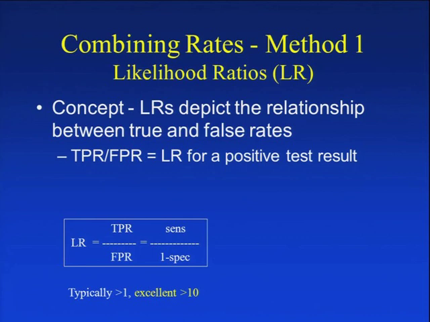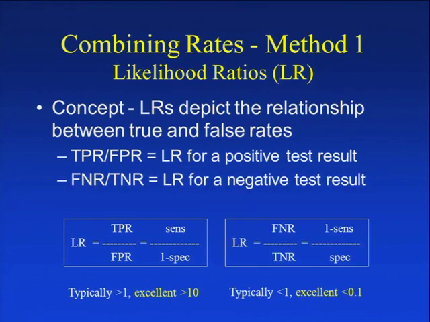And if you run through the calculations with some hypothetical sensitivities and specificities, remember that these are percentages, so we're talking about 0.83 for a specificity of 83%. If you were to plug them in, you'll see that a likelihood ratio of 10 is really good. A likelihood ratio for a negative test is done by putting the false negative rate over the true negative rate. So it's vice versa.